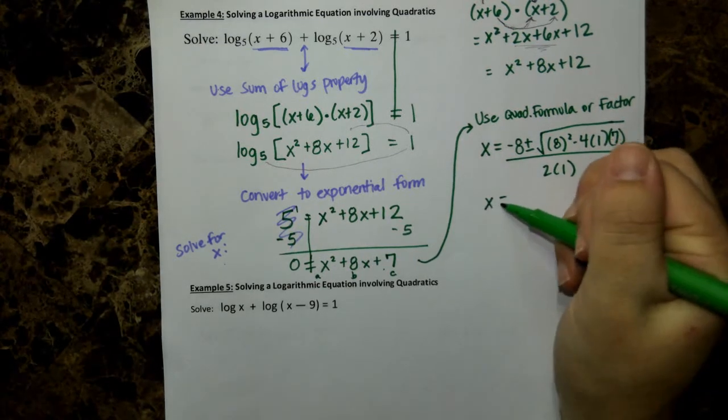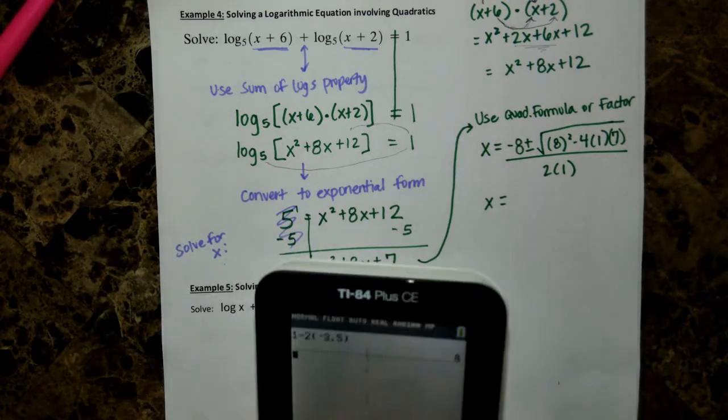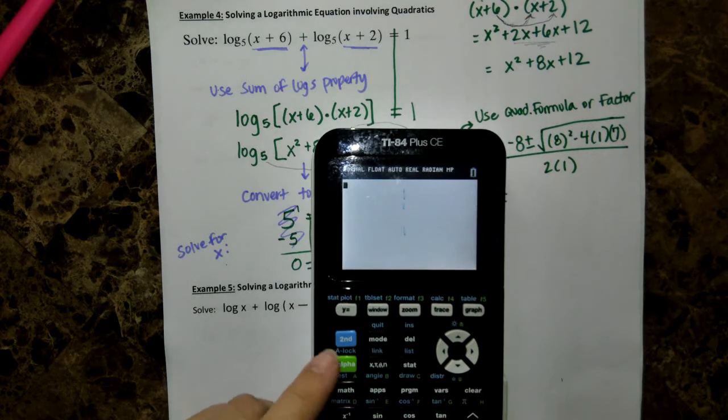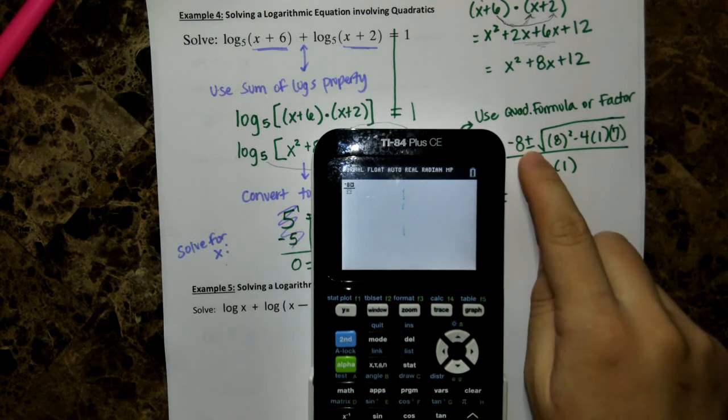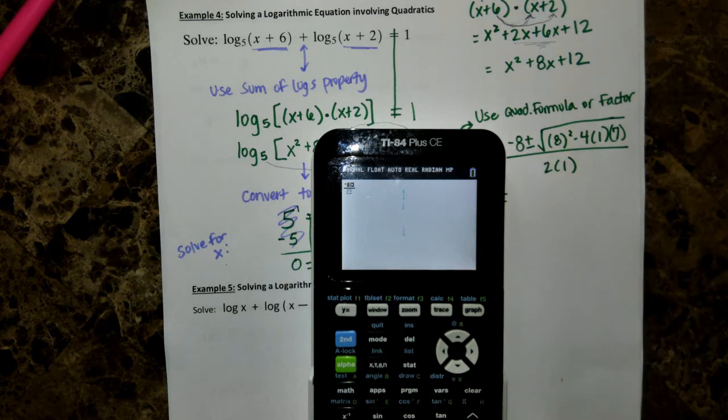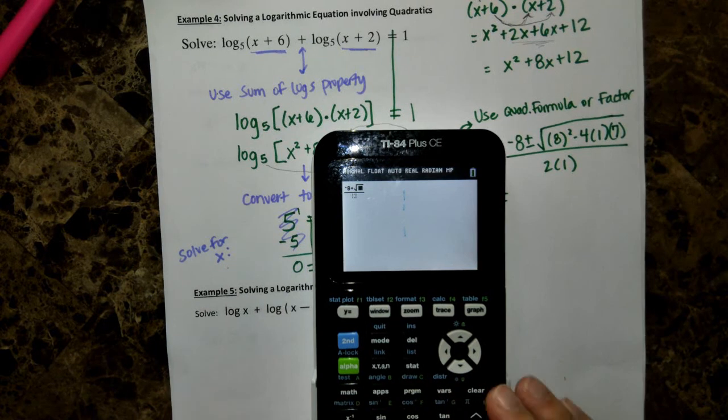And I'm going to use my calculator to help me solve that. I'm going to just type that whole thing in. Alpha, y equals, enter, negative 8 plus or minus, I can't type that in, but I can type in a plus sign, and I'll do again with a minus sign. The square root of 8 squared minus 4 times 1 times 7, all over 2 times 1.